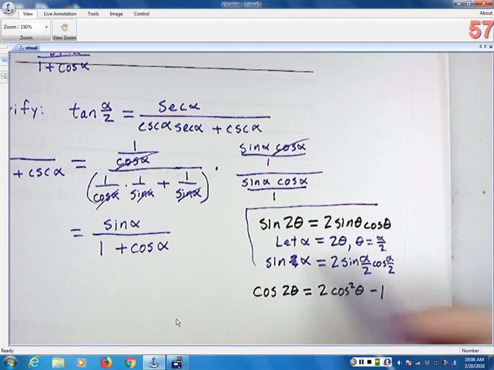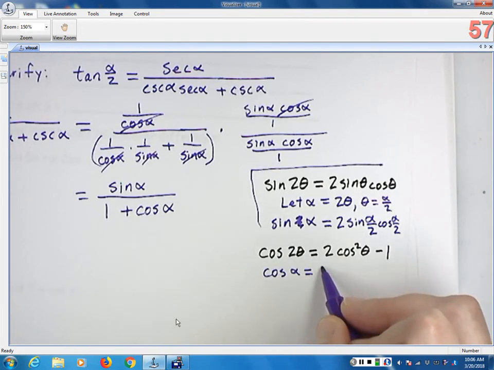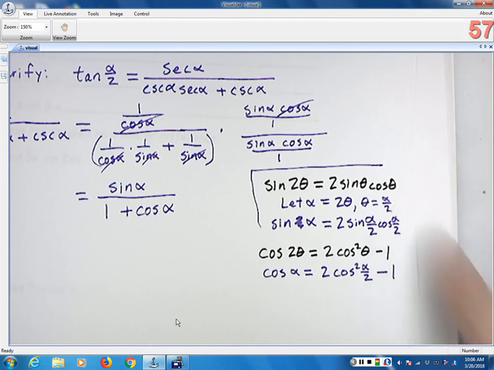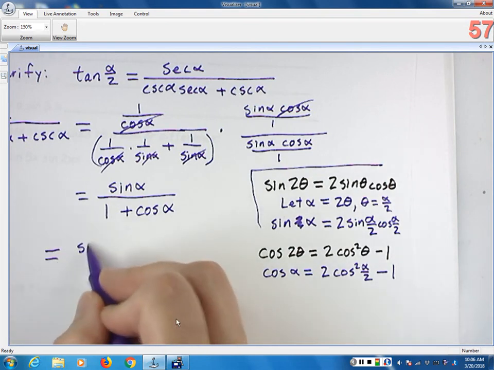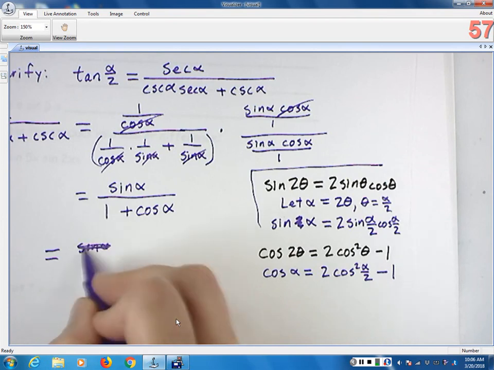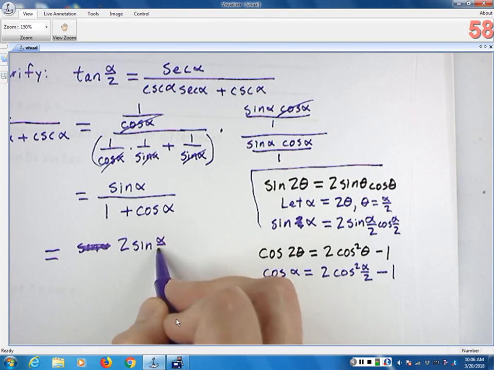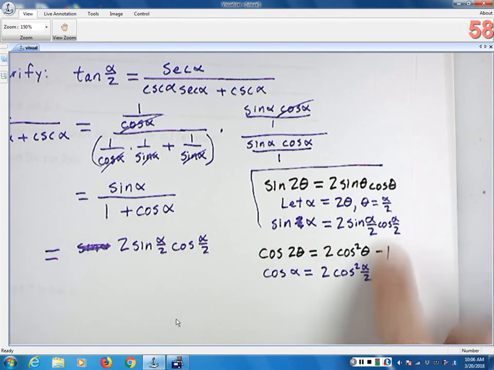Again, alpha is 2 theta, so cosine of alpha is 2 cosine squared alpha over 2 minus 1. Theta was that. All right, we're replacing all of that. Sine alpha is 2 sine alpha over 2 cosine alpha over 2.